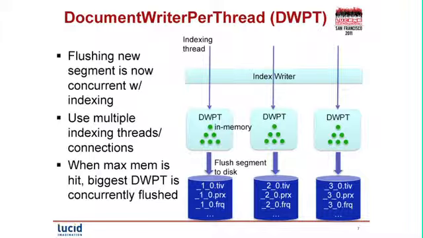Document writer per thread is a very, very new addition that was just committed a few weeks ago, I believe. So how indexing used to work in Lucene before this is that it was in parallel. If you have multiple threads all adding documents, or if you're using Solr, multiple connections, the indexing of those documents was parallel in memory.